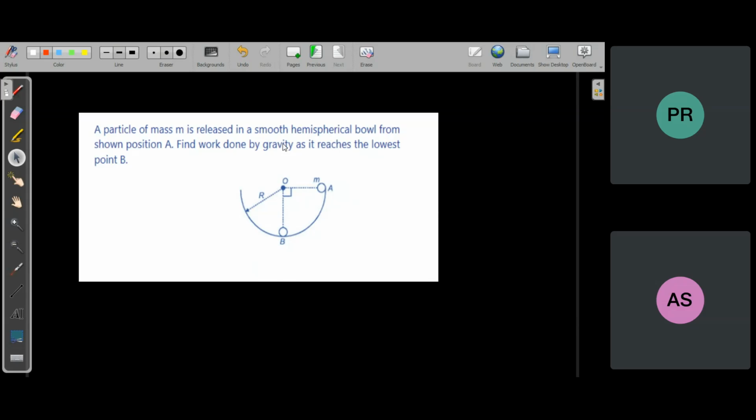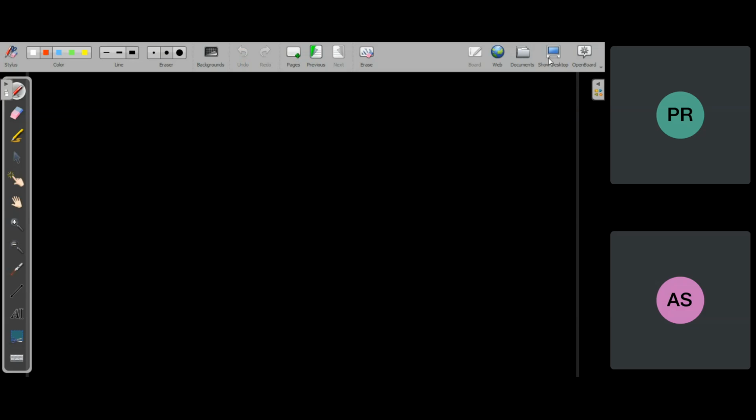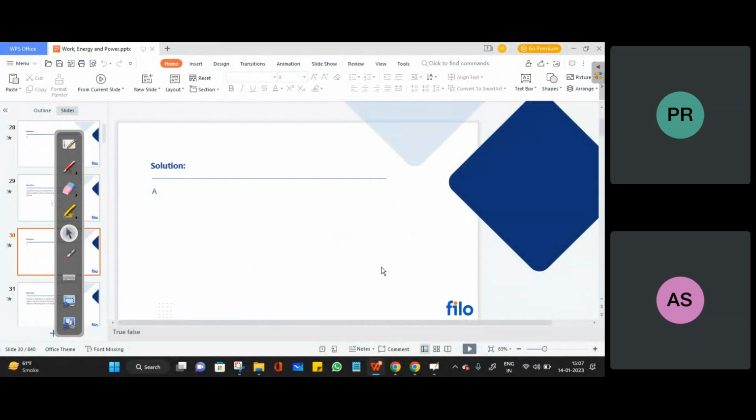Force dot displacement condition. So displacement is, sorry, cos theta times the displacement. Sir, mgr, sir. mgr is the work done by the gravitational force. Yeah, correct.